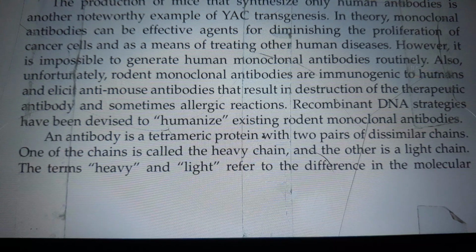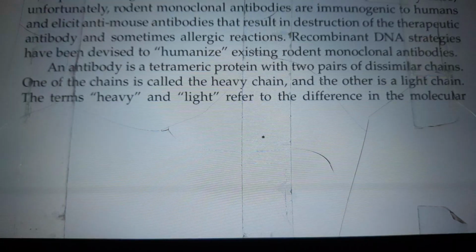However, it is not possible to generate human monoclonal antibodies routinely. Also, unfortunately, rodent monoclonal antibodies are immunogenic to humans and elicit anti-mouse antibodies, resulting in a destruction of therapeutic antibodies and sometimes causing allergic reactions. Recombinant DNA strategies have been devised to humanize existing rodent monoclonal antibodies.